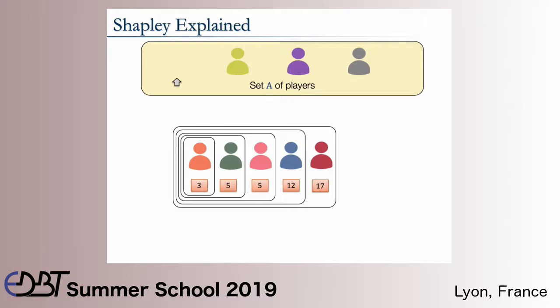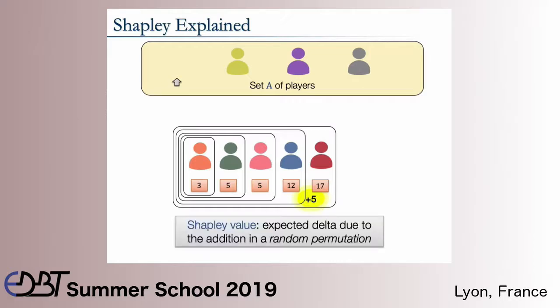It used to be 12 just before this person was added, and suddenly it is 17. So the contribution is 5. The Shapley value is simply the expected delta in a random permutation. What is the expected value that this person adds when I take a random permutation?